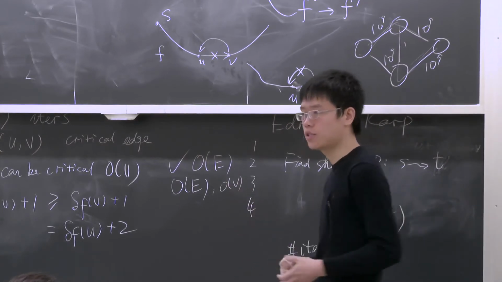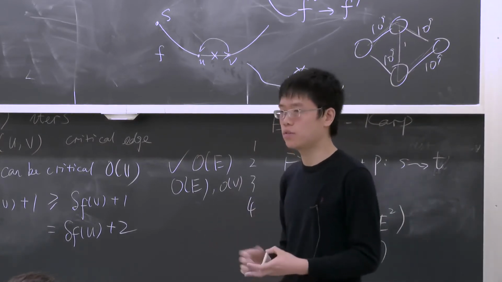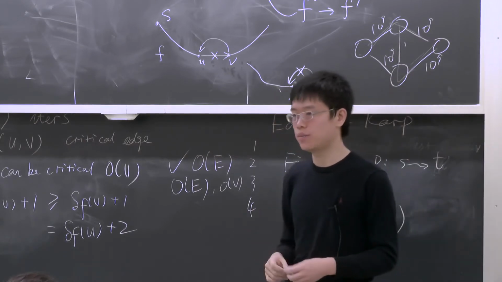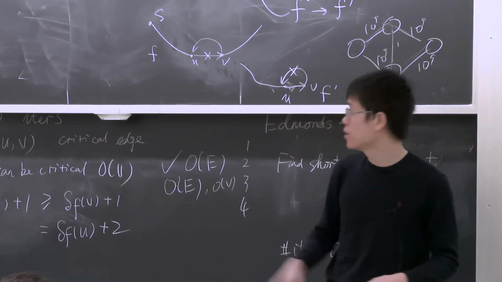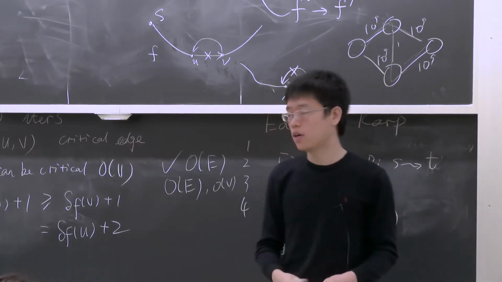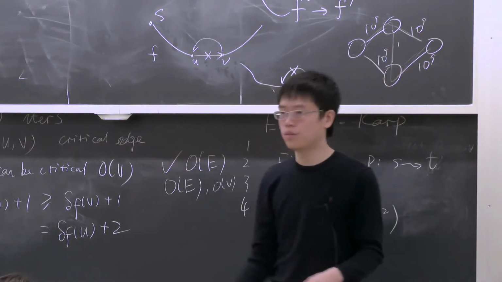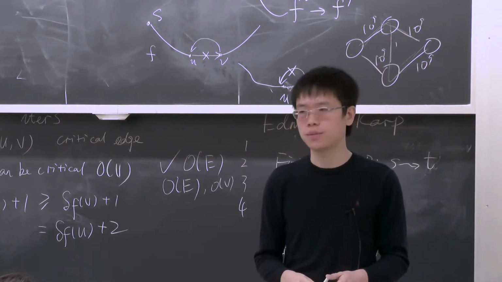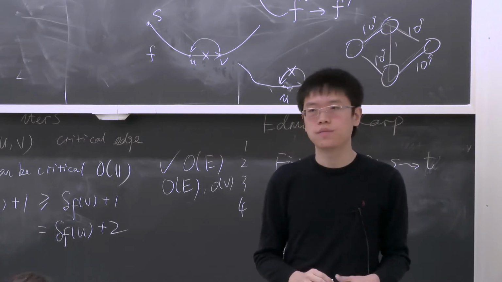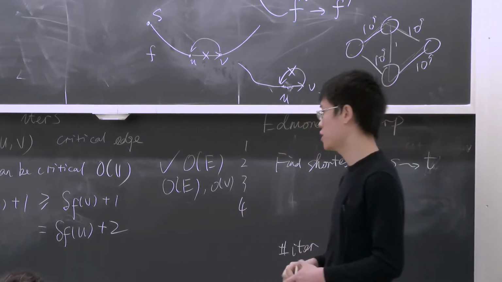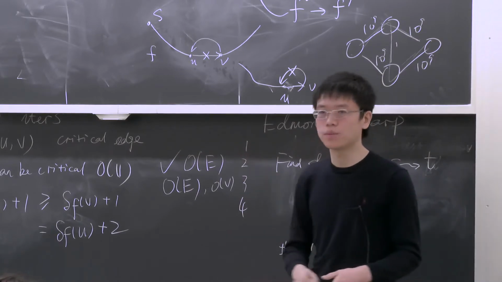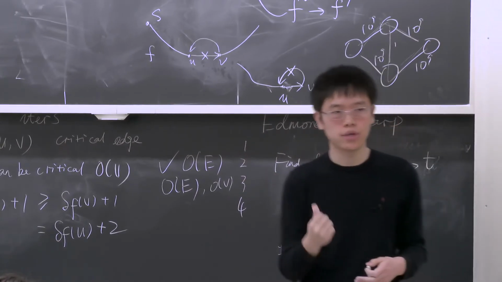Then how large can delta of a certain node possibly be? It's definitely bounded by V, right? Bounded by V. So then I claim this particular edge UV can only be a critical edge V times, actually half of V times, strictly. So then every edge combined, there can only be half of V times E number of augmentations.